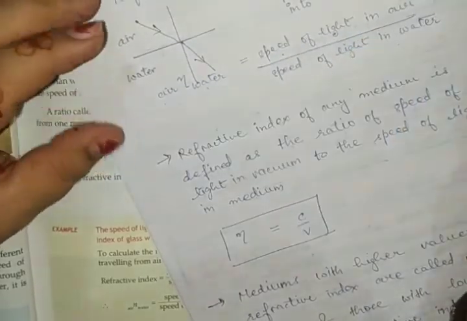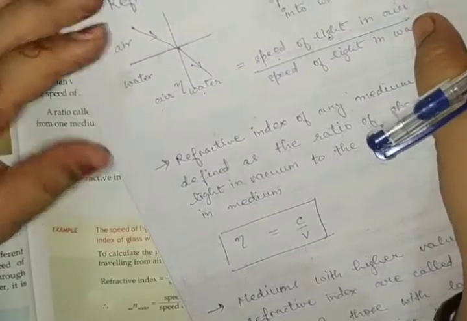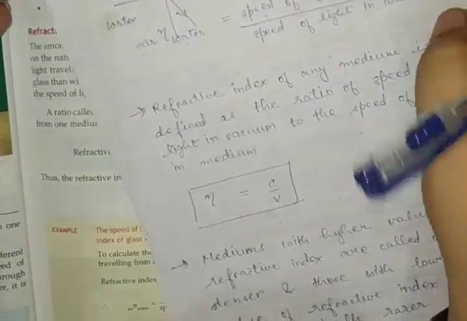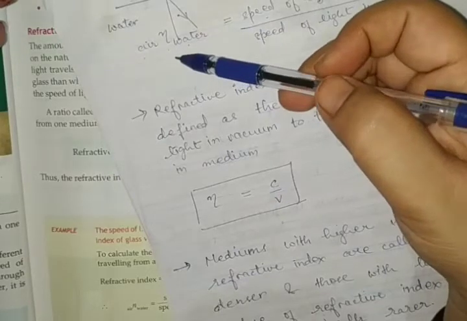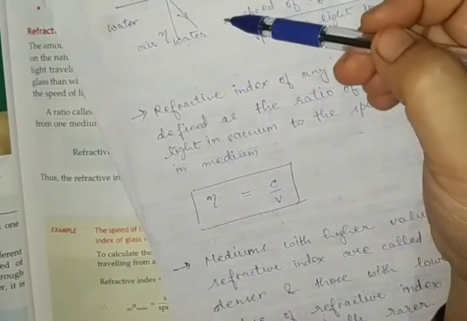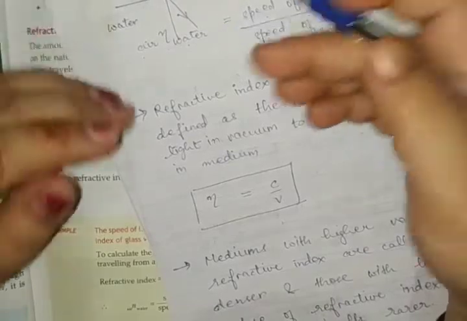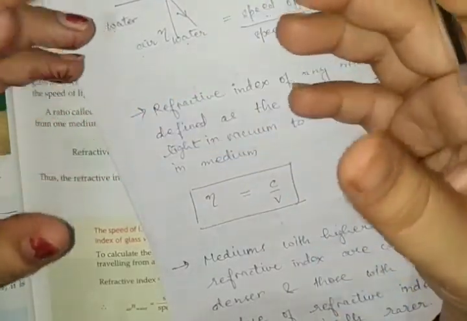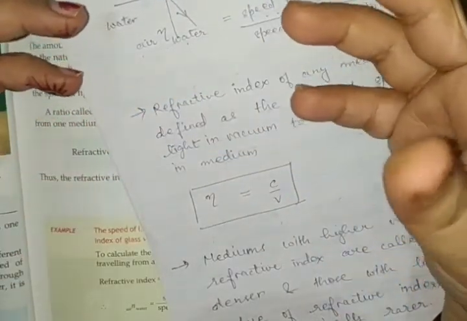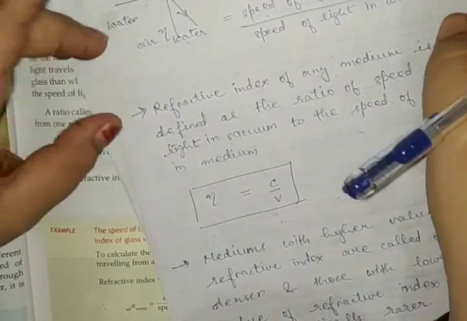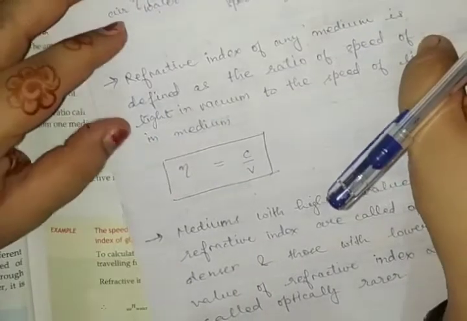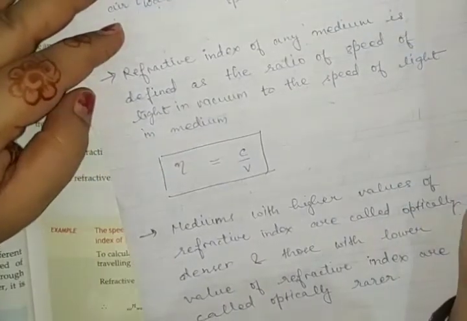In the same way, I could say the refractive index of water with respect to glass, or the refractive index of glass with respect to water, but we cannot go on comparing the velocity of light with any medium, no? So the standard has to be decided. Vacuum is considered to be that standard.